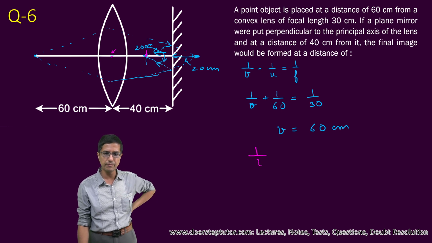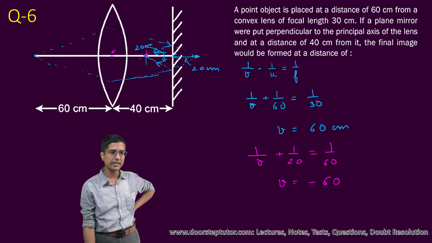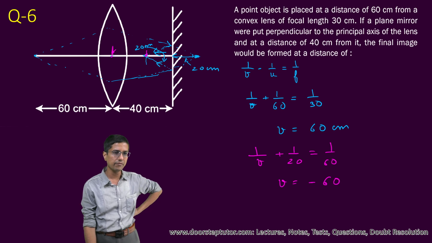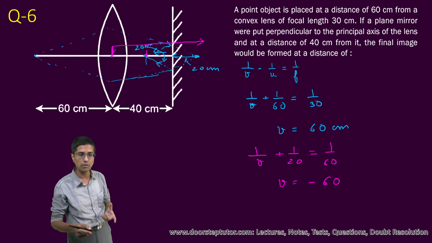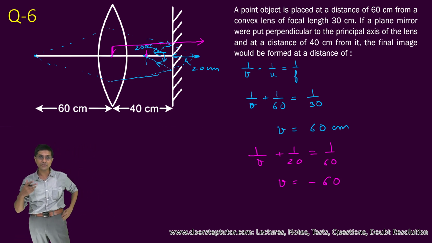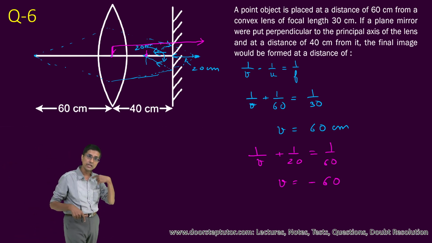So this is 1 by v, and again using the sign conventions appropriately, we can say that this is this, and if you solve this, v will come out to be minus 60. What does it mean? It means that from the mirror there would be another image formed at a distance of 60 centimeters like this. For the second formula, we have to understand that the direction of light rays is now opposite to what it was here.